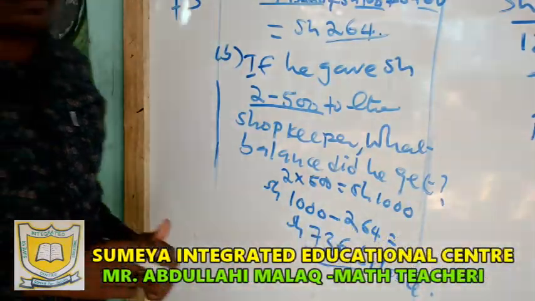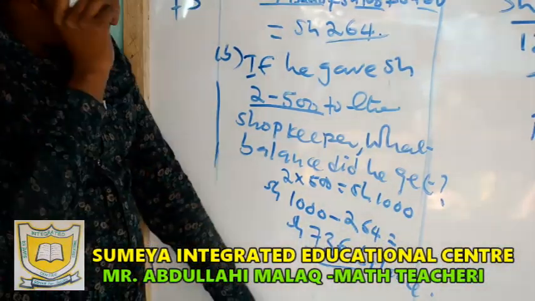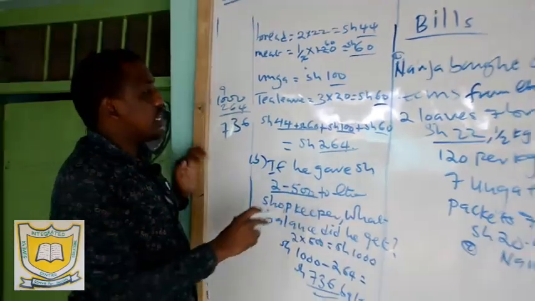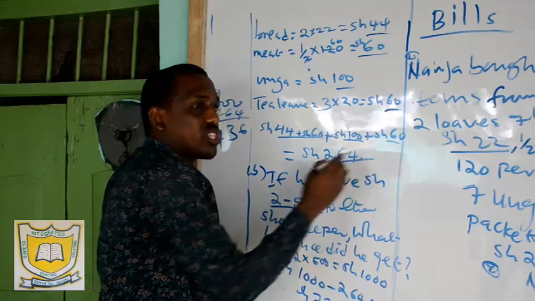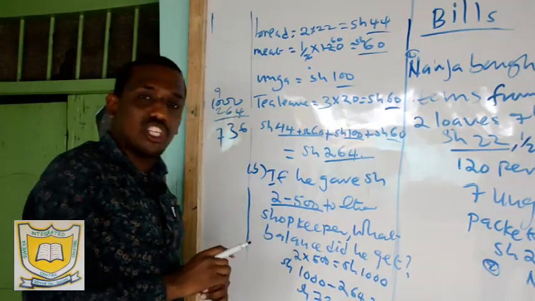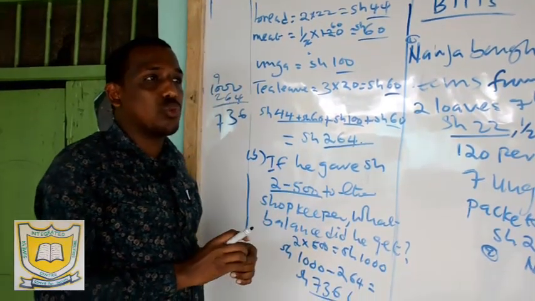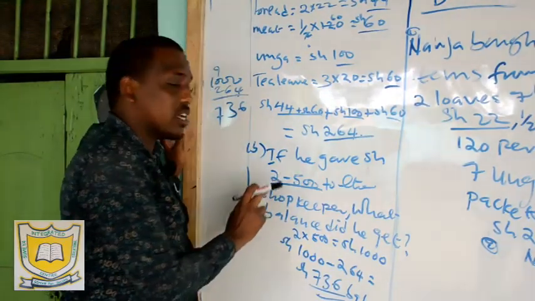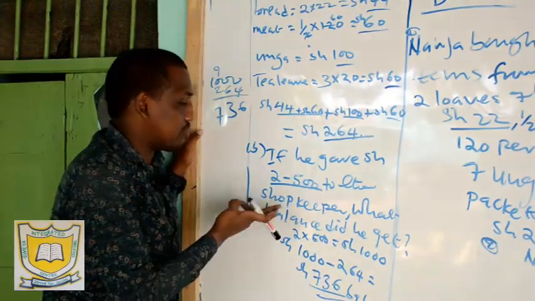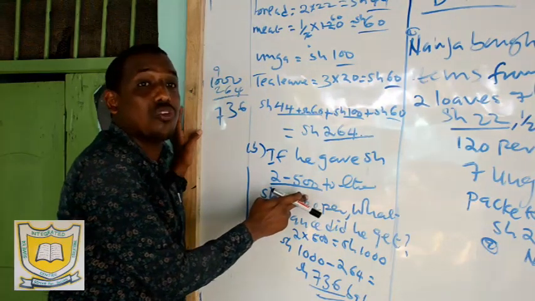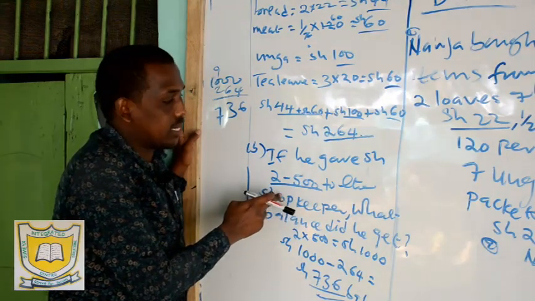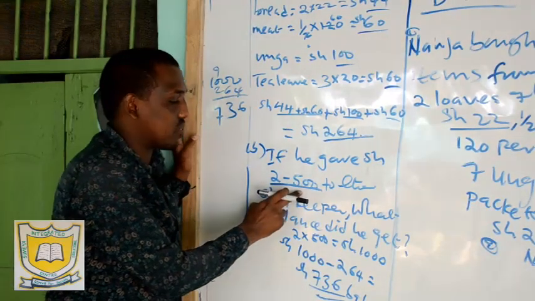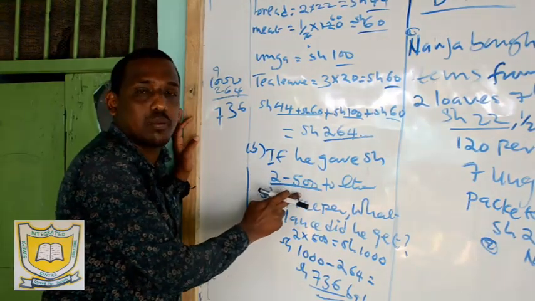Very common in exam, so I'm repeating. You are told the bill we have added became 264. He gave the shopkeeper shillings 2,500s. 2,500s means you multiply 2 times 500. If they say 3,500s, you multiply 3 times 500.